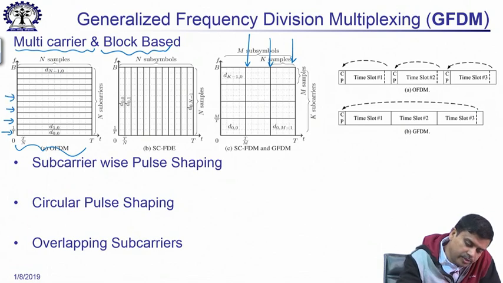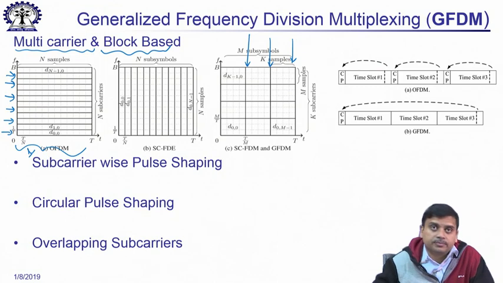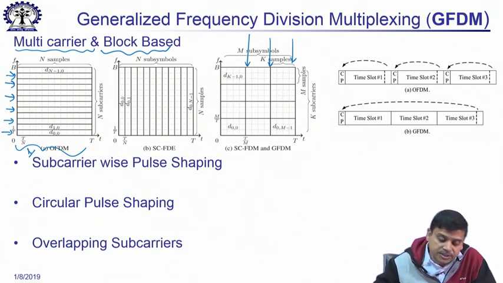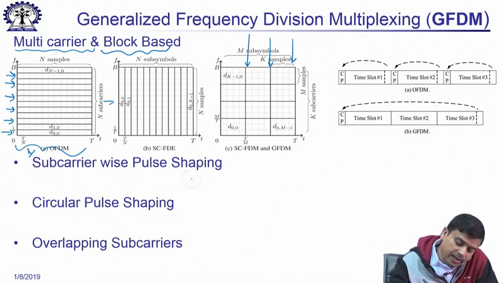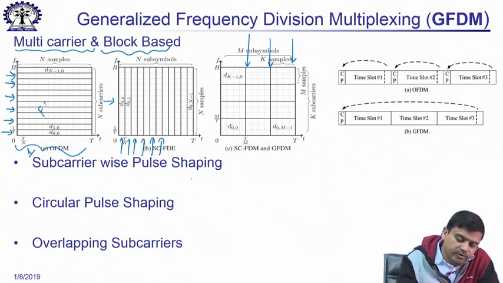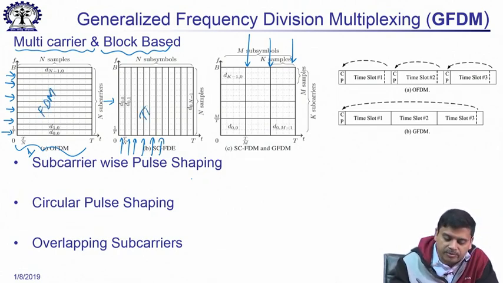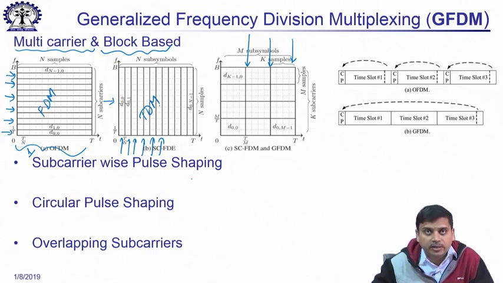This is well understood by all of us, and all of them happen in one symbol duration. If it is single carrier frequency domain equalization, single carrier means there is only one carrier, but one would send multiple time slots. So, this is frequency division multiplexing, this is the time division multiplexing equivalent, one can think in those notions.